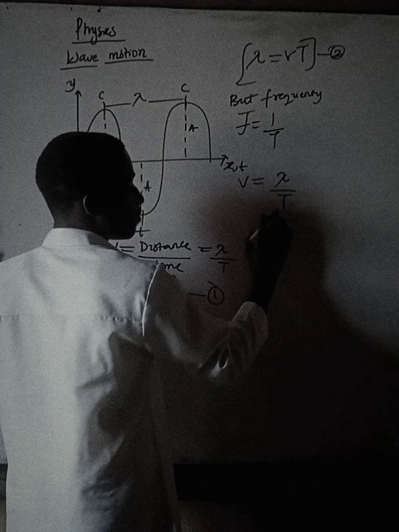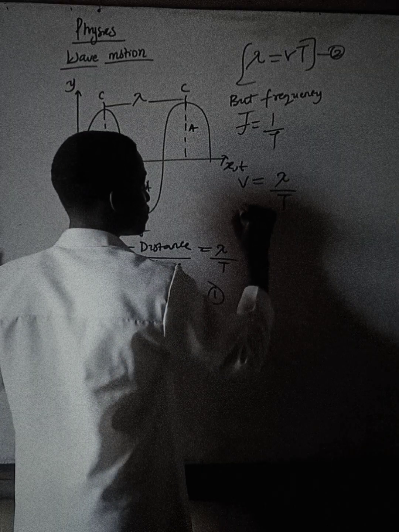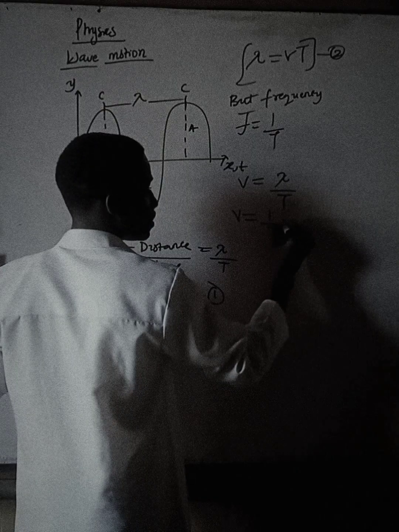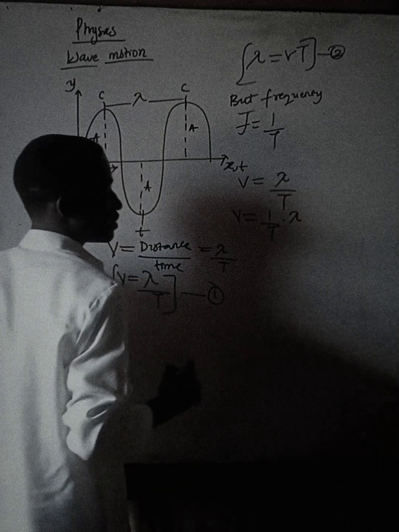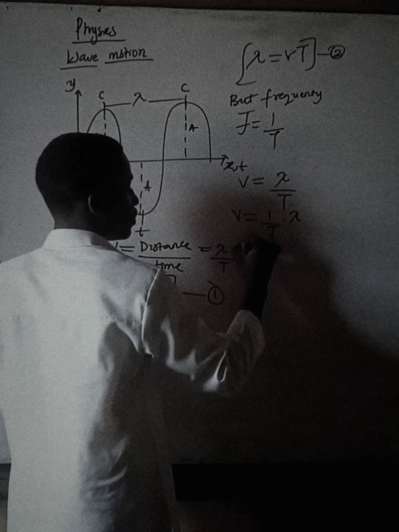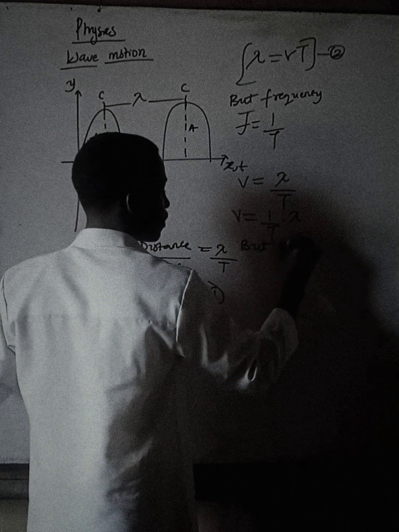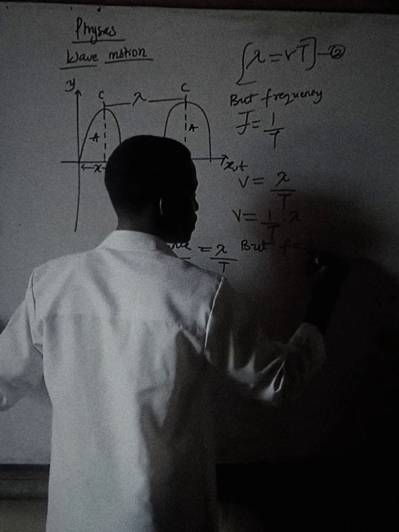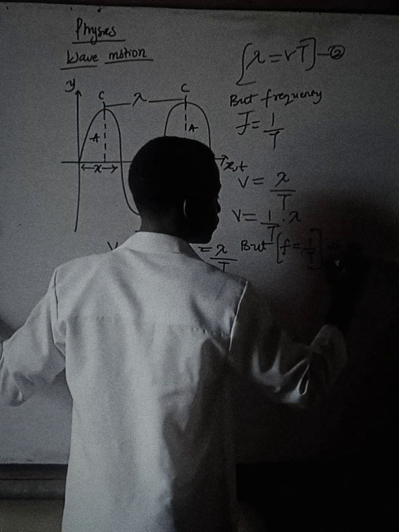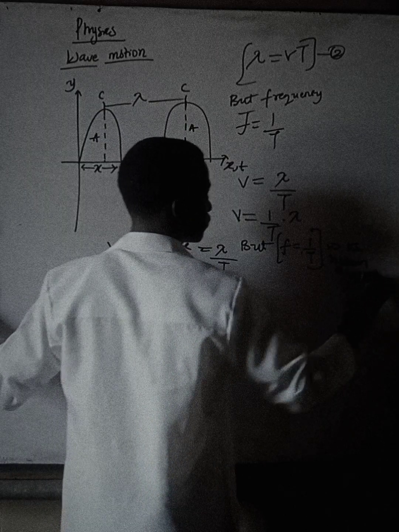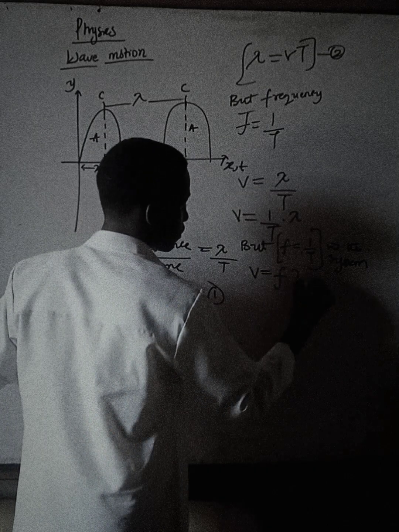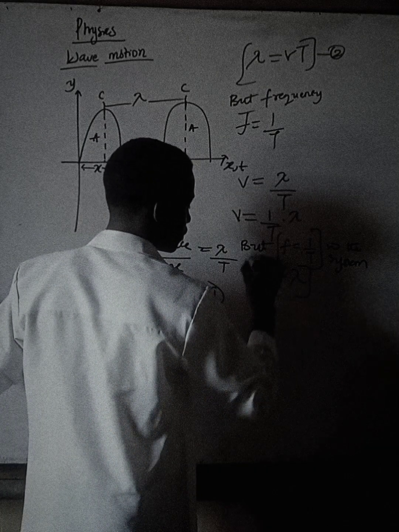So we can further express this equation as V equals 1 over T times wavelength. Now, since 1 over T equals frequency, we put F equals 1 over T in the expression. So, having that, we have that V equals what? F times lambda, and this is equation 3.